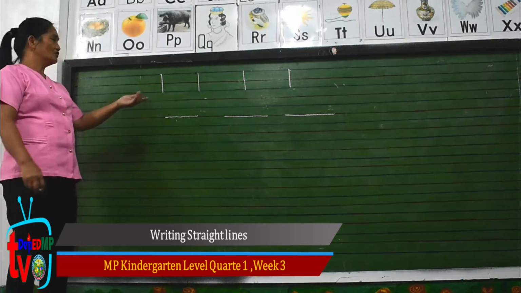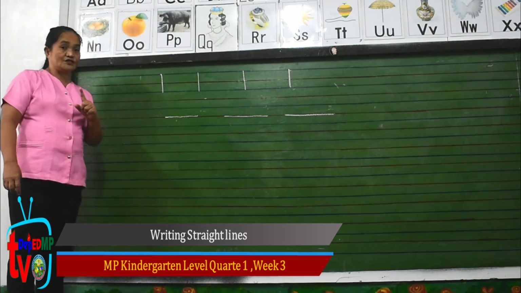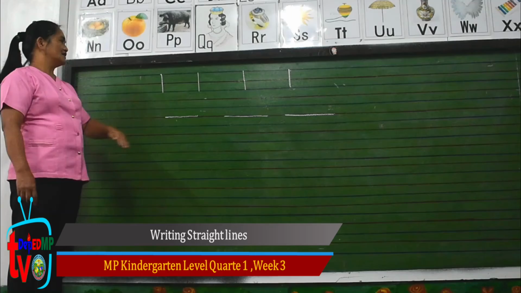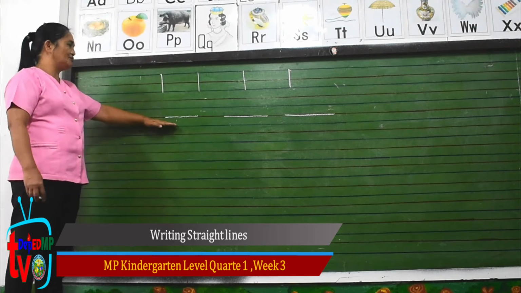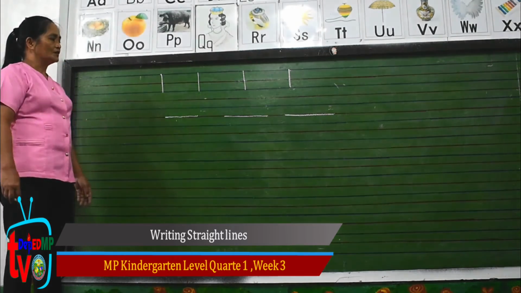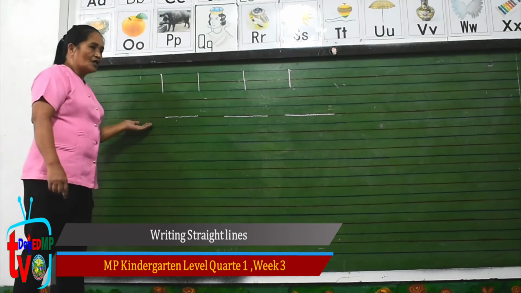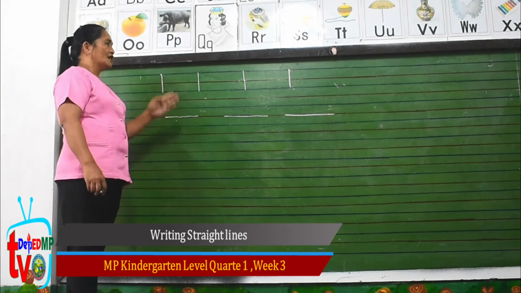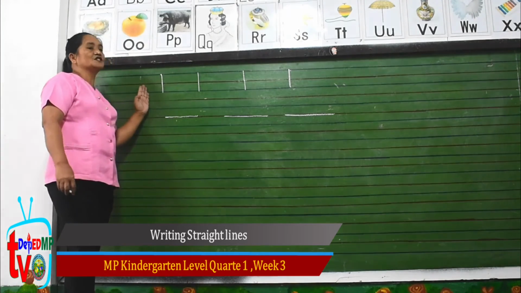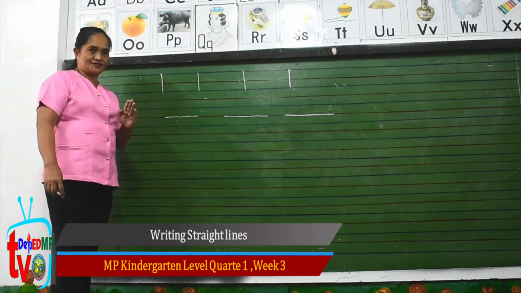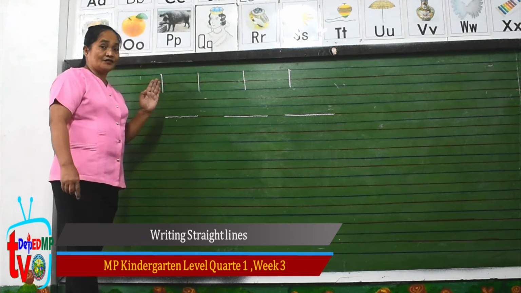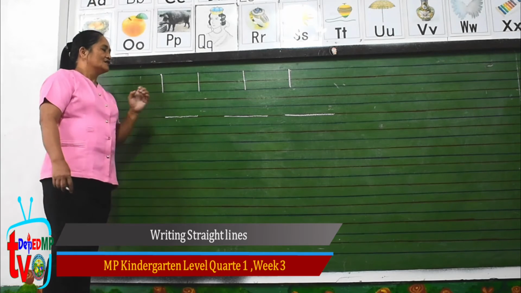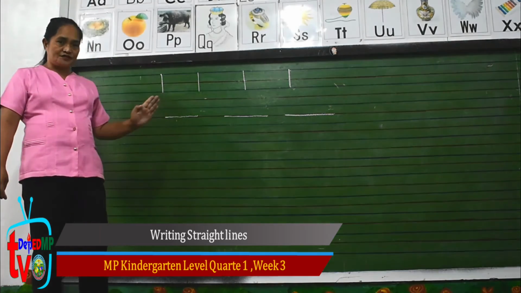So we have now the two kinds of straight lines, the standing line, as you can see here, and the sleeping line. We are going to use these to form shapes and other things. Okay, we will do that afterwards.